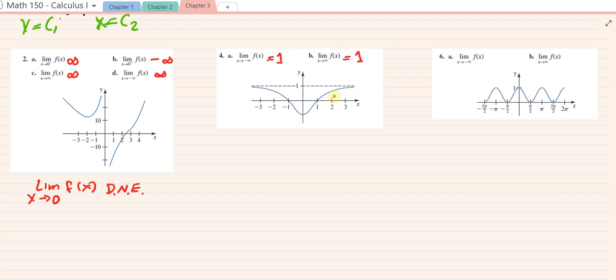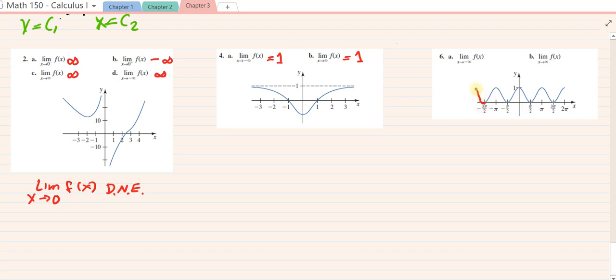In number 6, the limit as x approaches negative infinity in part A. As x approaches negative infinity means x gets very small. It looks like a cosine wave, right? That is shifted up, or has an adjusted amplitude also.